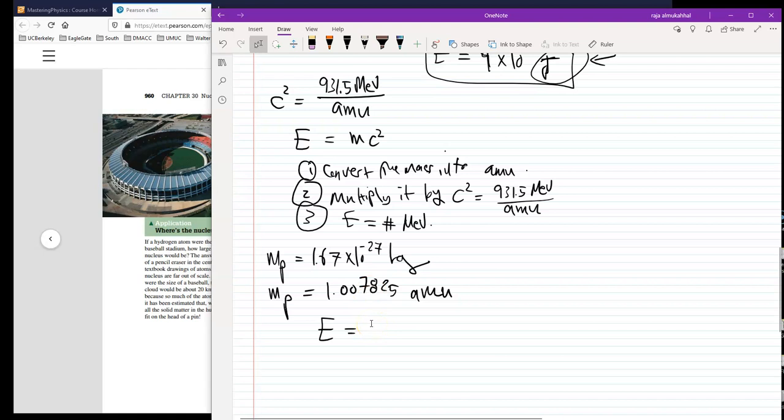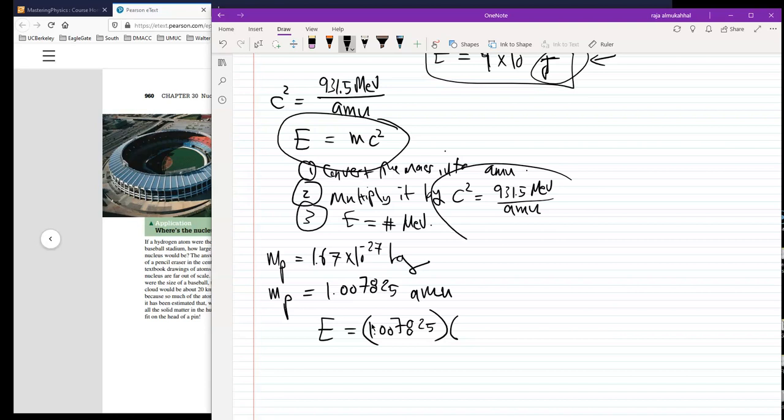How much energy is that? Simple. It's the same formula, E equals mc squared, but we're using those funny units, so m is now 1.007825, multiplied by c squared, which is now 931.5.